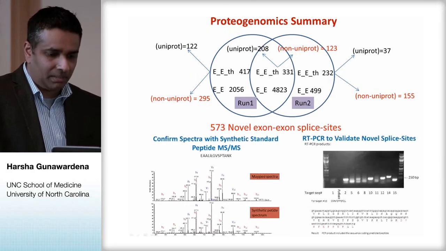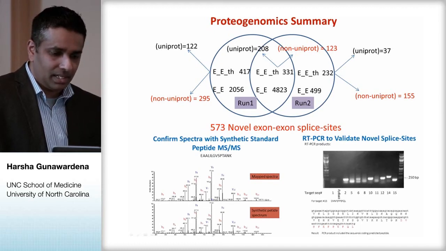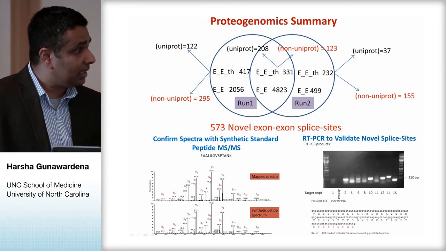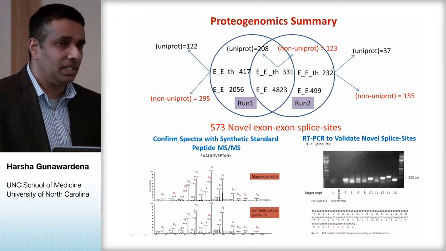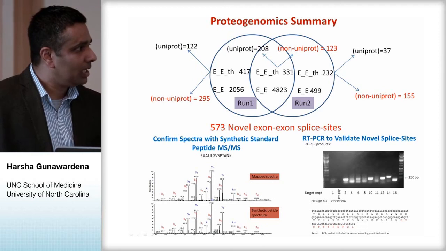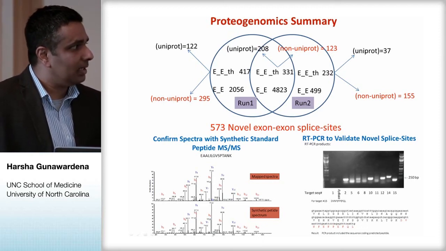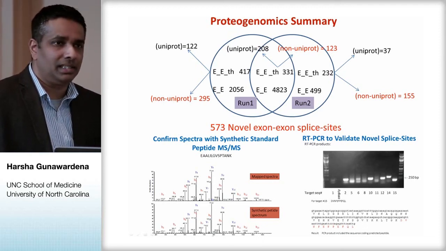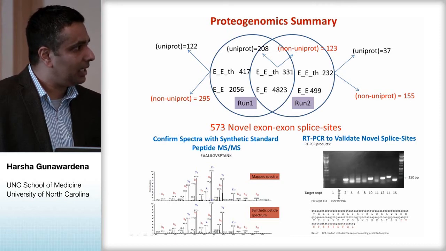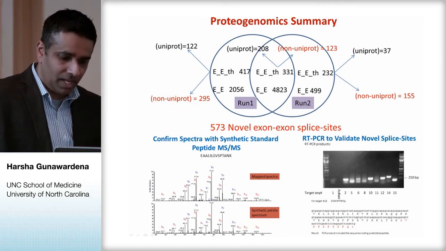We haven't stopped at that point; we do some sort of verification on these peptide hits by actually making synthetic peptides for these novel splice sites. Currently, we are also doing RT-PCR to validate these splice junctions and to see if we can get quantitative information by using those types of assays.